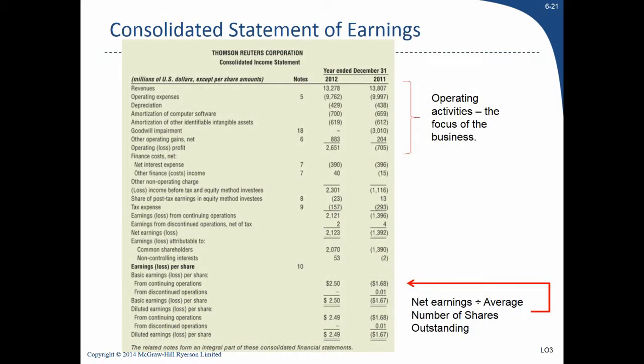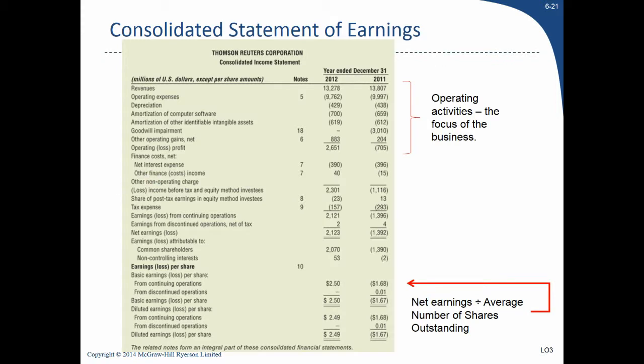So this is an example, a consolidated statement of earnings. Because Thomson Reuters doesn't really have cost of goods sold, they don't really need gross profit because they're a service-based business. So you can see how they structure their financial statements.